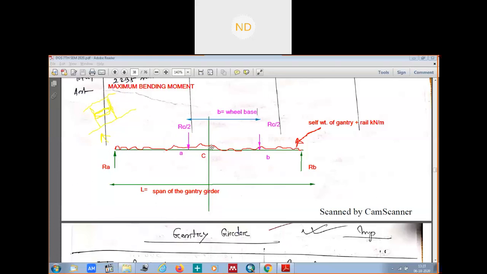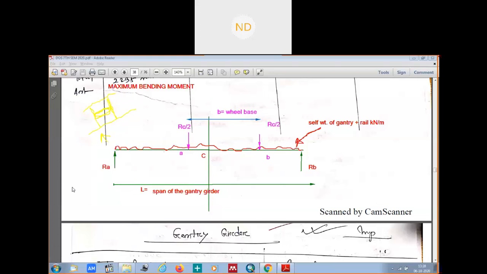Now where is your maximum bending moment? Your maximum bending moment will be in the place where you have to place these wheels of the crane girder in such a way that, one more thing.